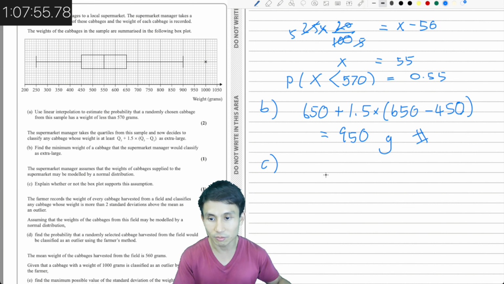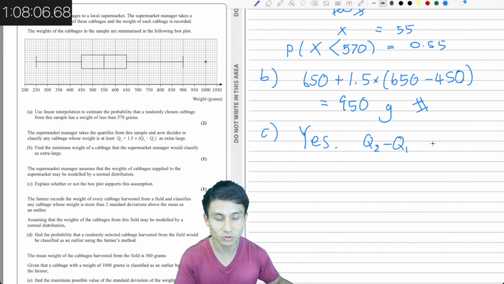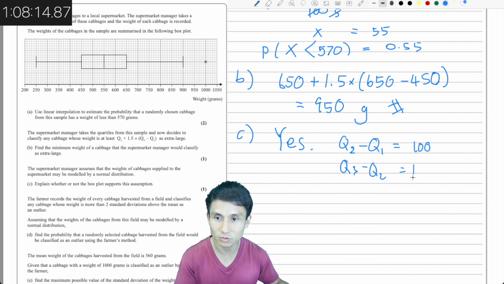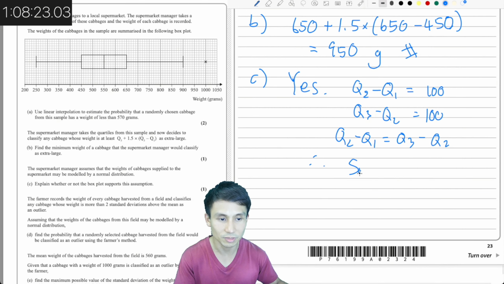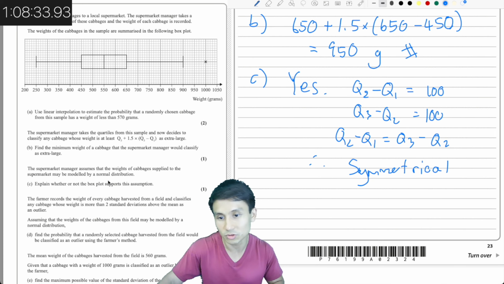But the box plot does support it, yes, because, as I said earlier, Q2 minus Q1 equals 100. Q3 minus Q2 equals also 100. So Q2 minus Q1 equals Q3 minus Q2. Therefore, it is symmetrical. So symmetrical is a good characteristic to be modeled as a normal distribution.